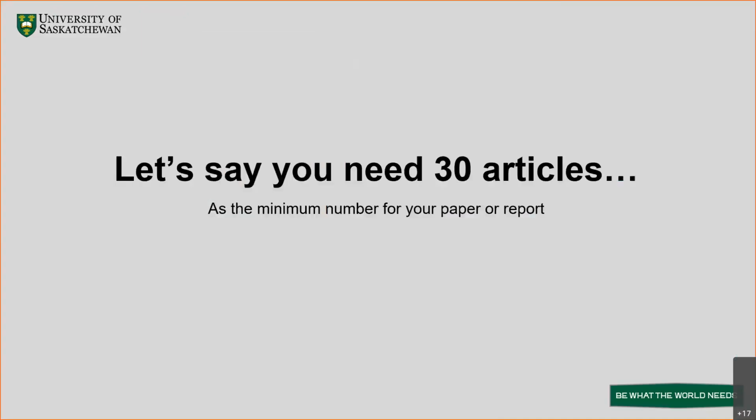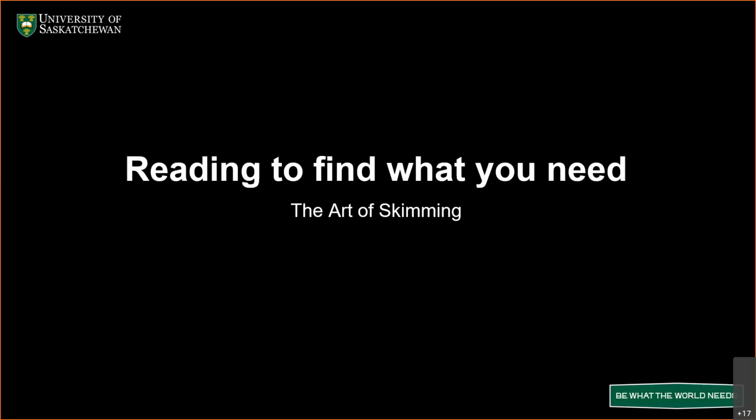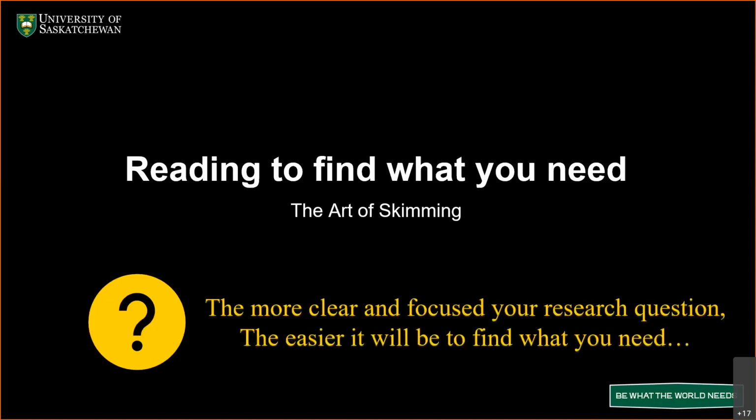Let's say that you need 30 or 60 or 100 or whatever as the minimum number for your paper or your report. This becomes the art of skimming, reading fast enough to find what you need. That's the first key talent or skill you need to work on. The secret to that, of course, is the more clear and focused your research question, the easier it's going to be to find what you need.